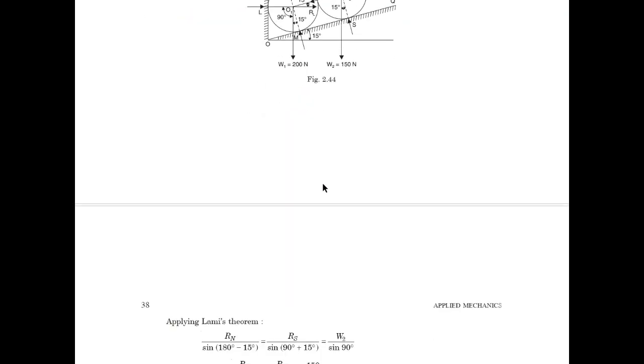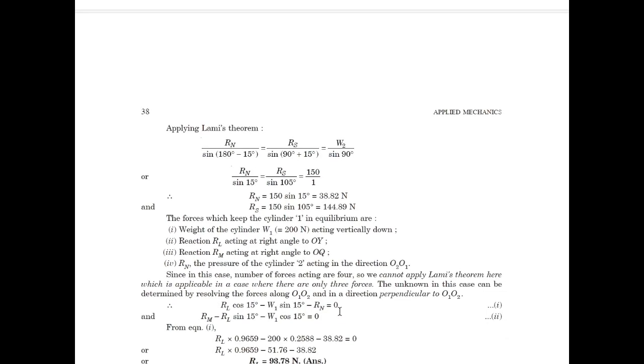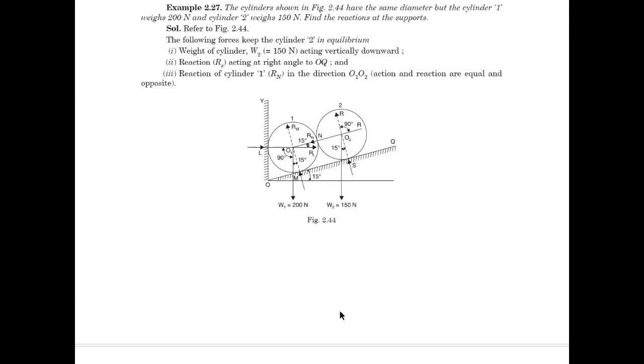So this is all. After we find this, we can find the value of both Rn and Rs. Similarly, the next thing we can do is apply it on this cylinder.